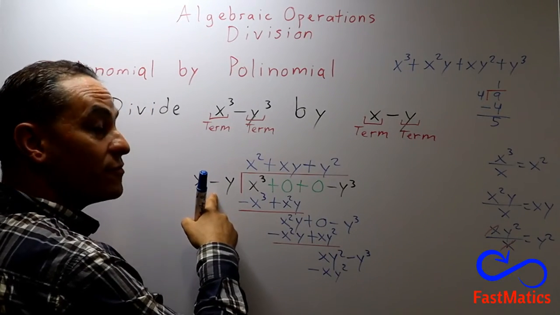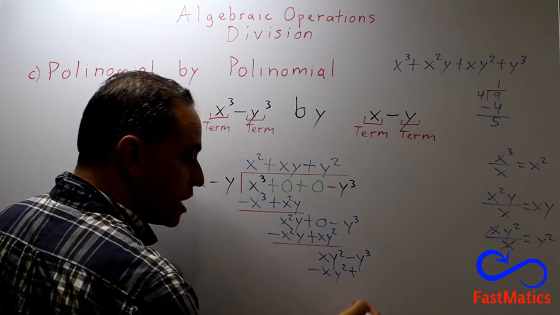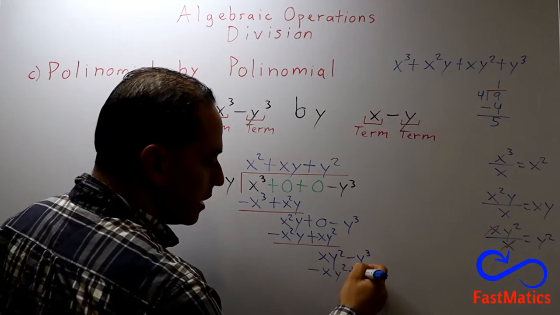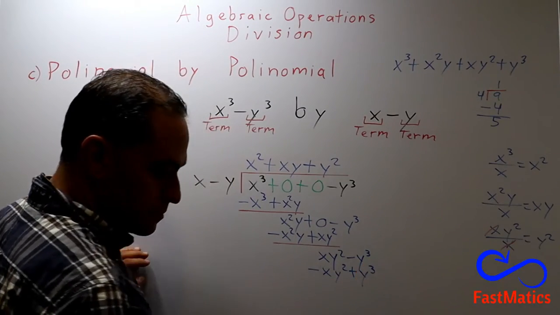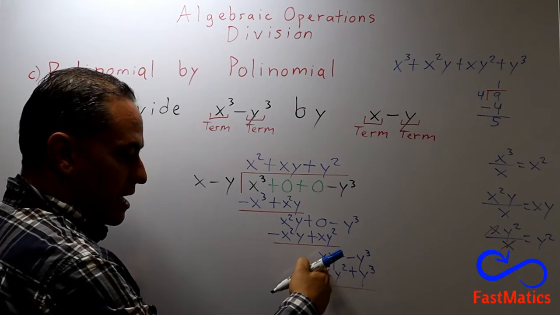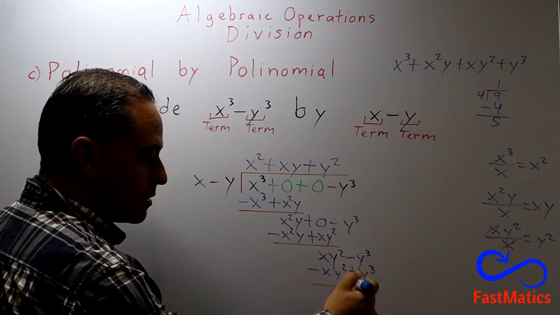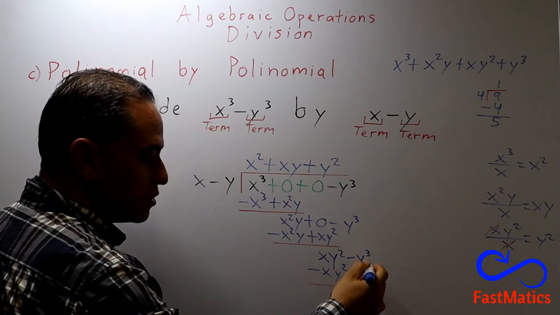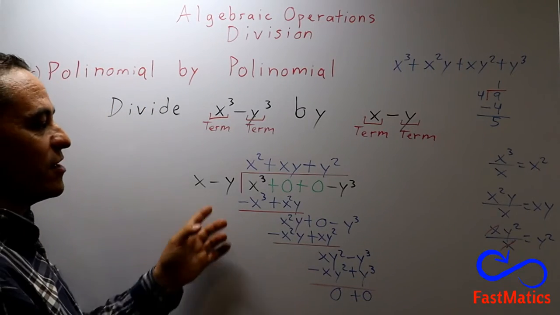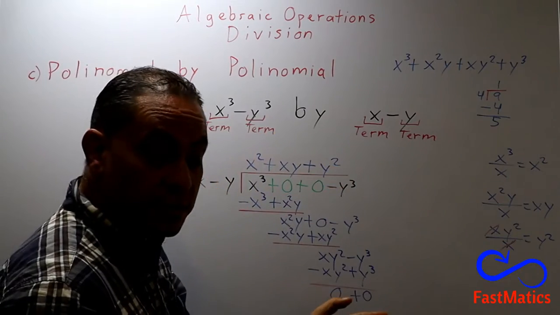Positive times negative, negative, but you are going to subtract, you change the sign. y squared times y, y cubed. Finally, we can see that xy squared minus xy squared is 0, minus y cubed plus y cubed is 0. We have finished. The quotient is the answer.